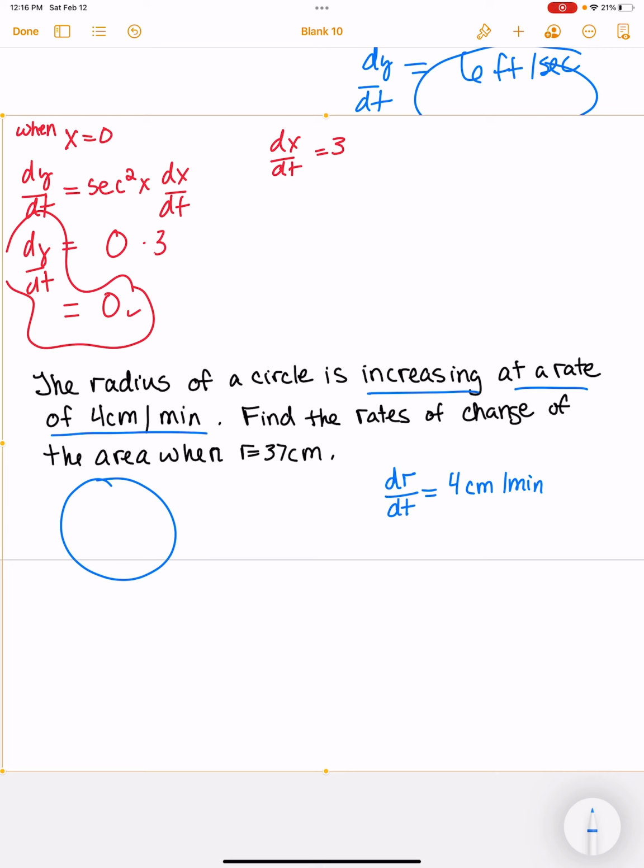Now, it wants us to find the rate of change of area. So it wants us to find dA/dt when r equals 37 centimeters. So we don't know that yet. So how do we find this out? Well, they're going to expect you to know your area and volume equations for all of these problems.